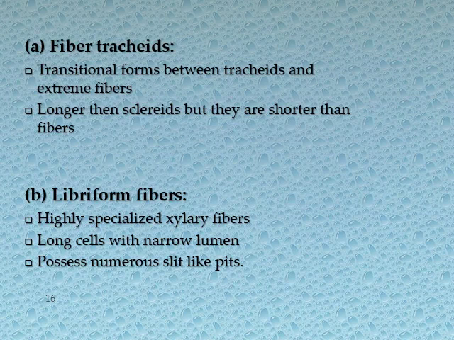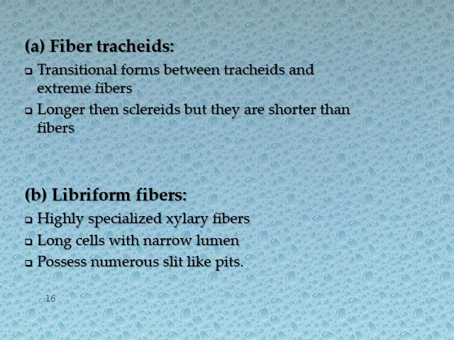They have intermediate thickness between the tracheids and fibers. They have bordered pits, and these fibers contain relatively thin walls. So due to this, these fiber tracheids are longer than sclereids, but shorter than fibers.